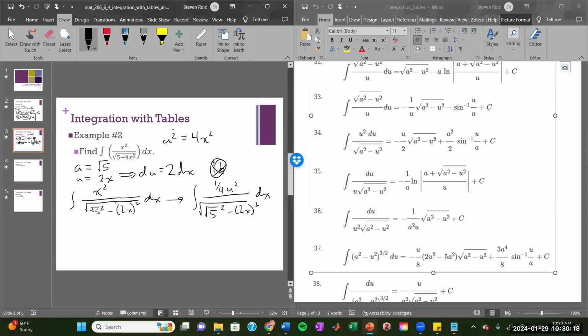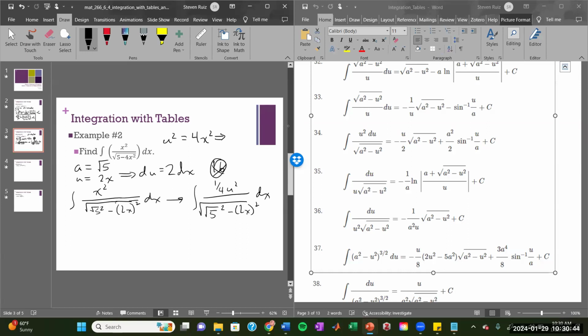Why is it 1/4 u squared? Good question. Why is that? Gotta deal with the fact that 4x squared is not just x squared. What I really have in the numerator is x squared, but just like integration by substitution, the first thing we've got to do is rewrite this in terms of our u's to make it work with these formulas.